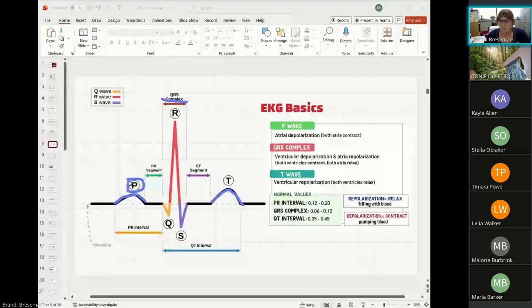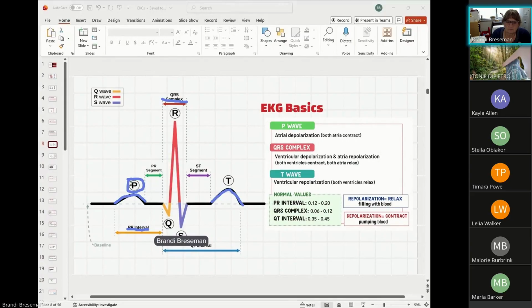Now we start measuring things that are going to tell us different stuff. The first thing we're going to measure is called the PR interval. This is where you would take your calipers and start at the very beginning of your P wave and measure until the very beginning of the QRS complex.